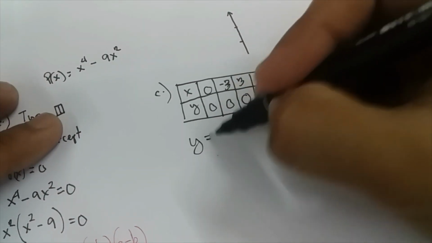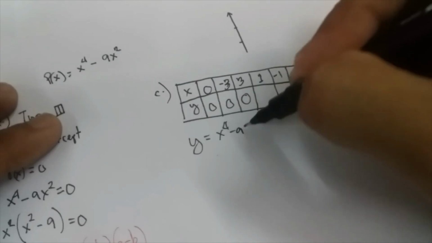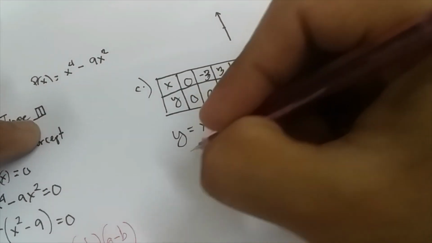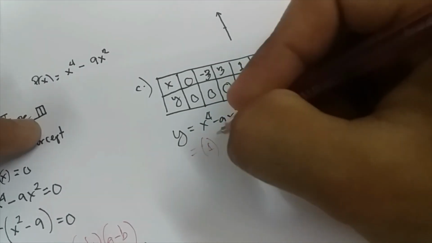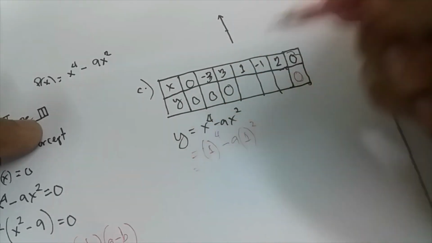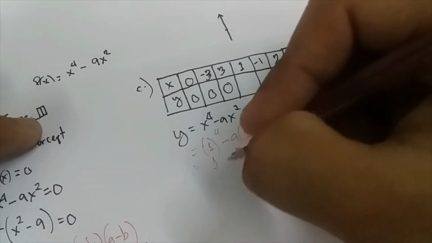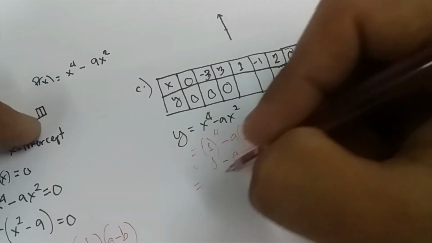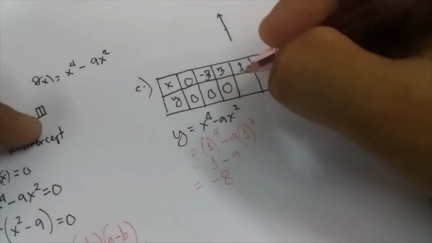So y will solve this one, x to the power of 4 minus 9x squared. So we can say that when x is equal to 1, minus 9, so this 1 to the power of 4 is still 1. Then 1 squared is also 1. So 1 minus 9 is equal to negative 8.